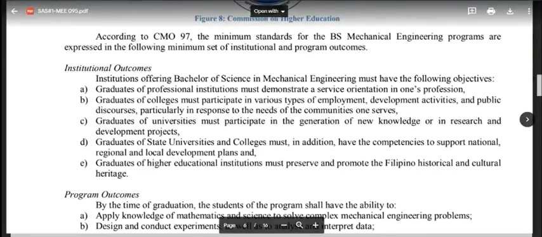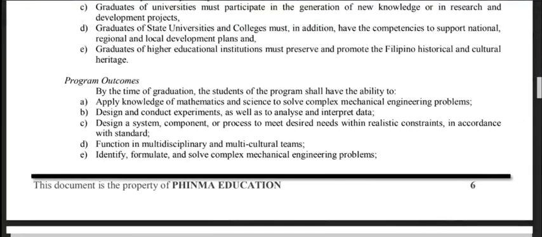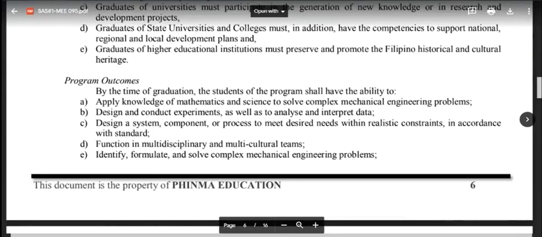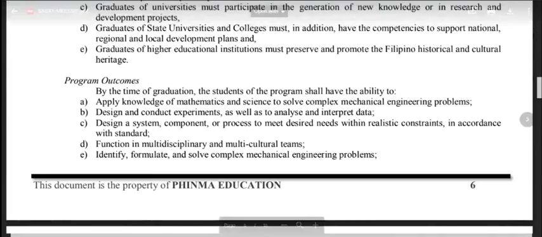On the other hand, for the program outcomes, these are the following. By the time of graduation, the student of the program shall have the ability to: number one, apply knowledge of mathematics and science to solve complex mechanical engineering problems. Number two, design and conduct experiments as well as analyze and interpret data.